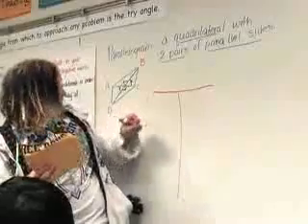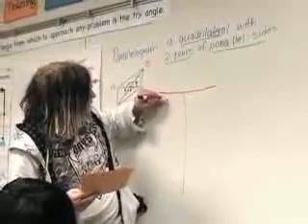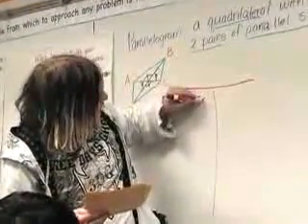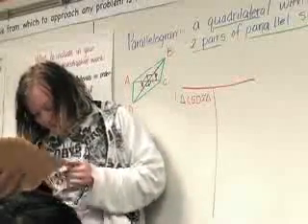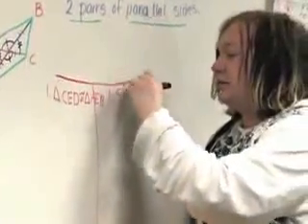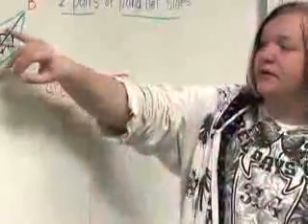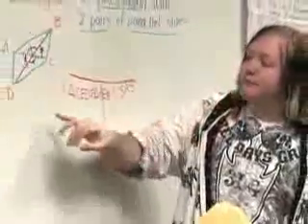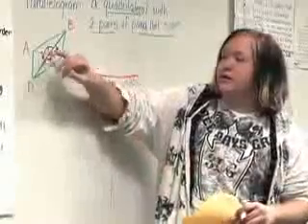So first is triangle CED congruent to triangle AEB. That's because of side angle side, because you have this angle and this angle are congruent, and then side 1, angle 1, side 2, and side 1, angle 1, side 2.